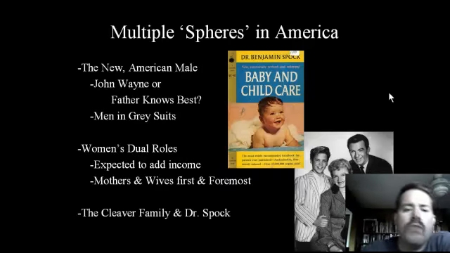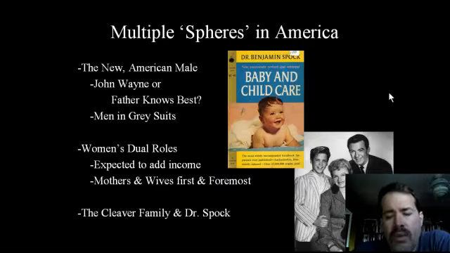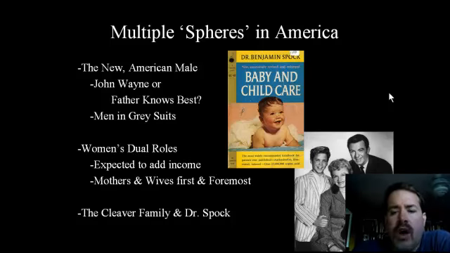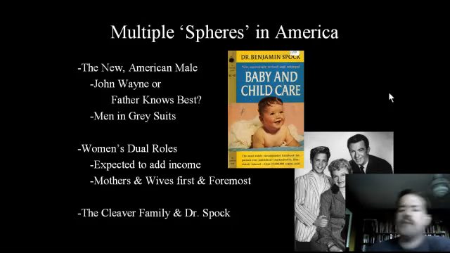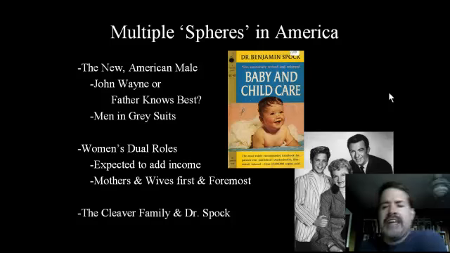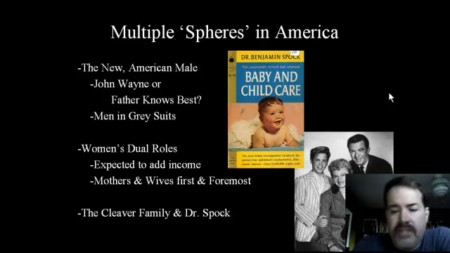Now, what's the role of women? Well, women, their role is expanding because women have two roles now. Because women are expected to add income to the family because the family is going to need it living in a single family home and not having the combined income of the extended family.